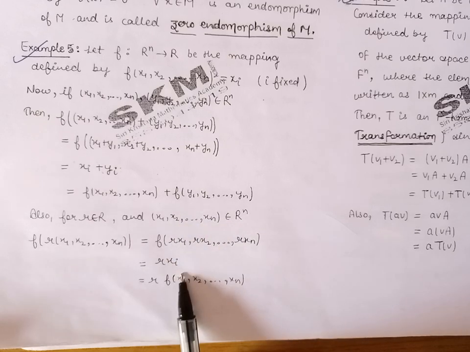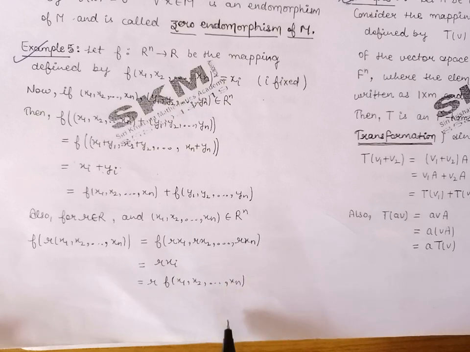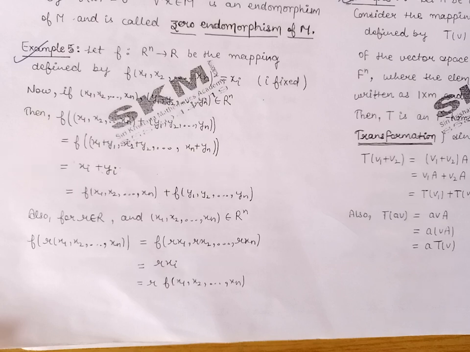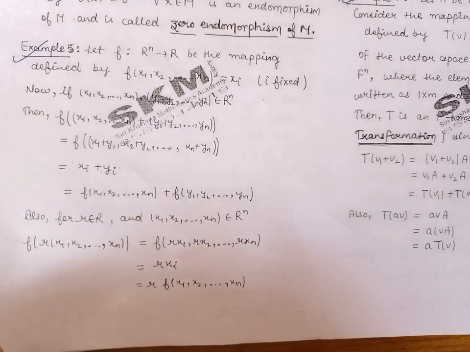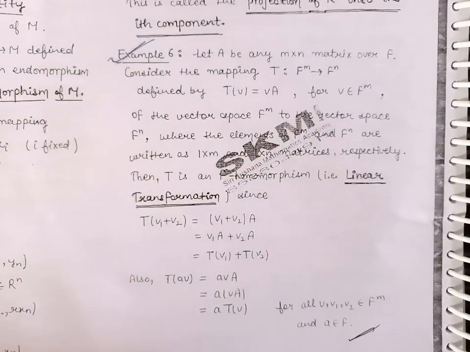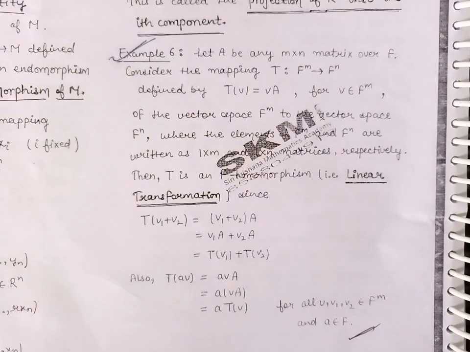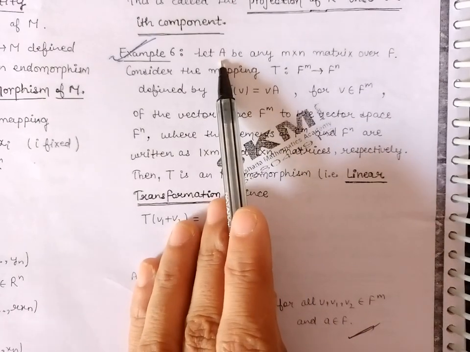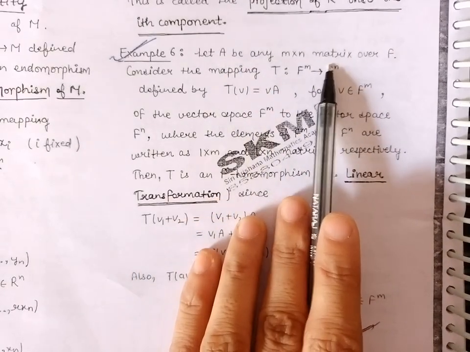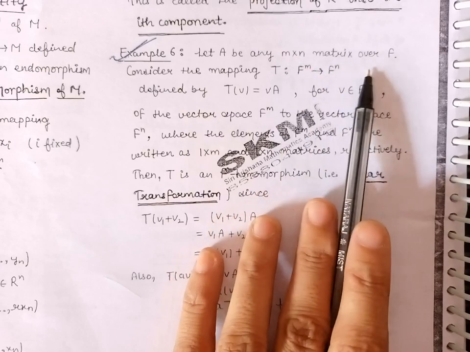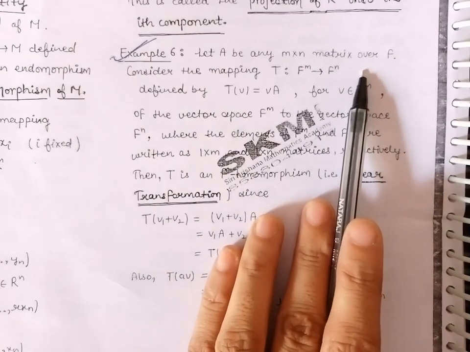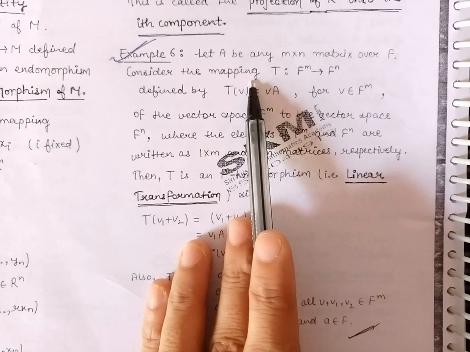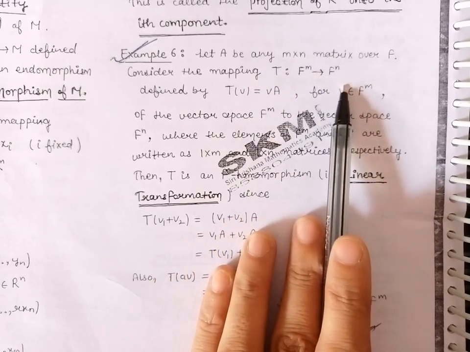So f is a homomorphism of the R-module Rn onto the R-module R, and this is called the projection of Rn onto its ith component. One more example based on homomorphism is, let us take A a matrix of m cross n order over a field F, and a mapping T from Fm into Fn.